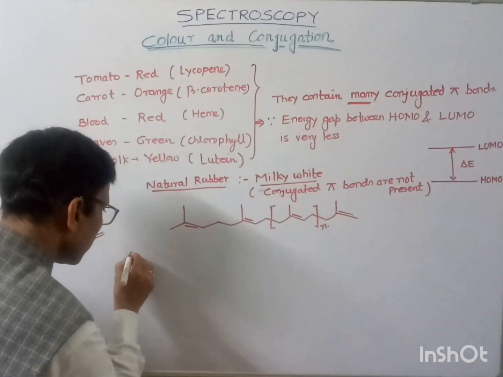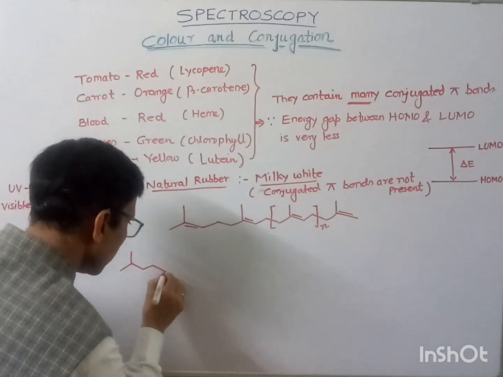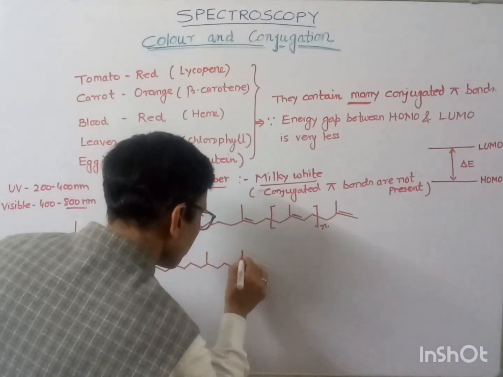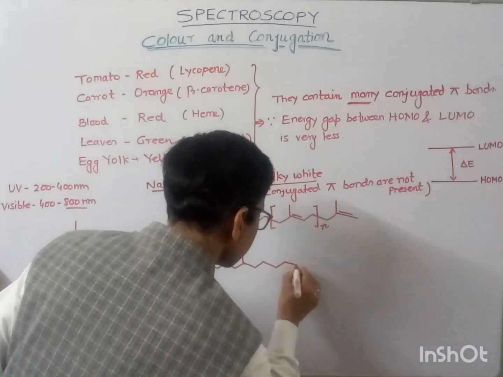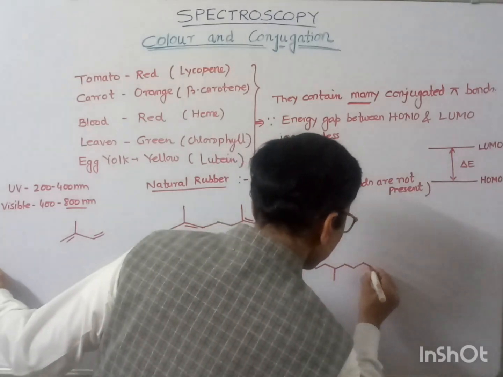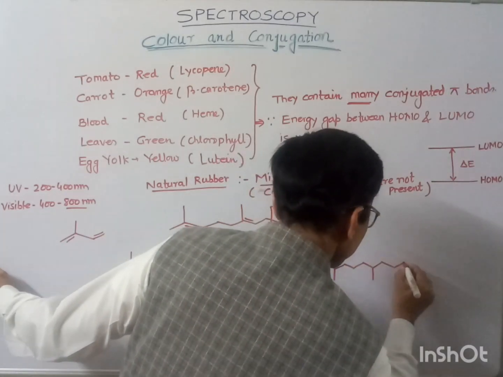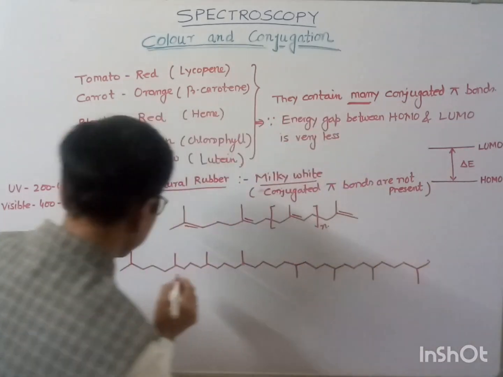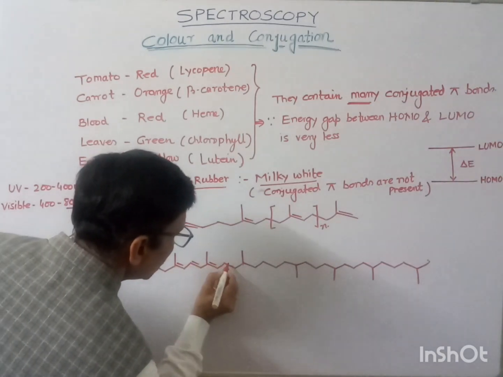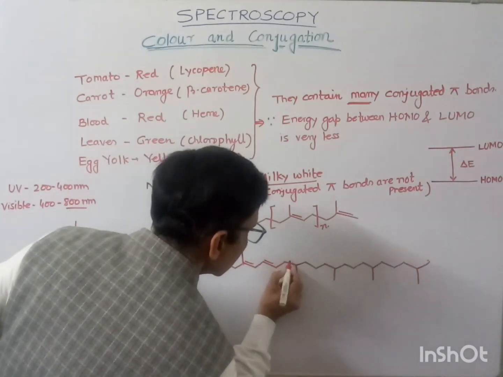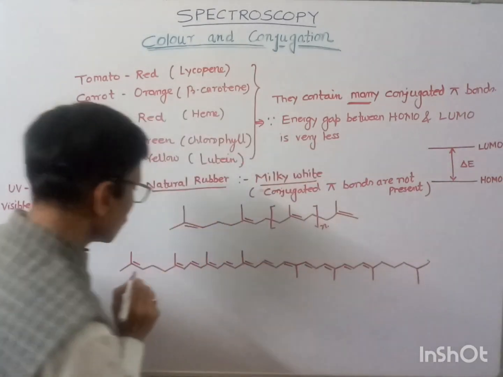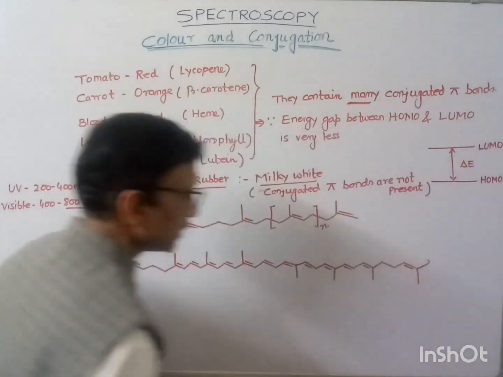If you see the structure of lycopene, it has 11 conjugated pi bonds: 1, 2, 3, 4, 5, 6, 7, 8, 9, 10, 11. So 11 conjugated pi bonds are present in lycopene.